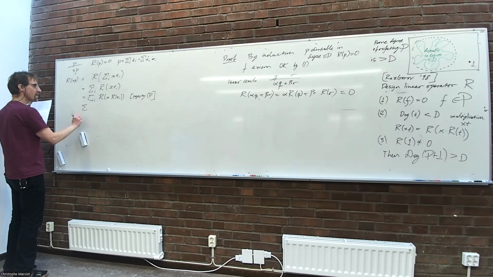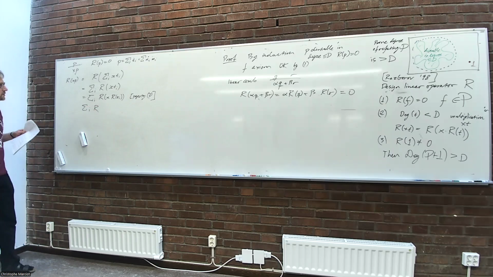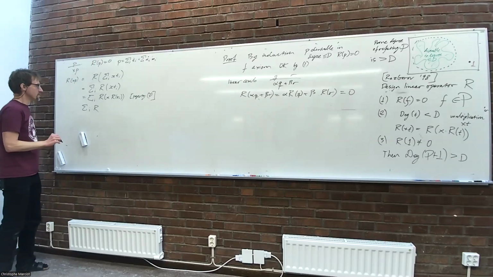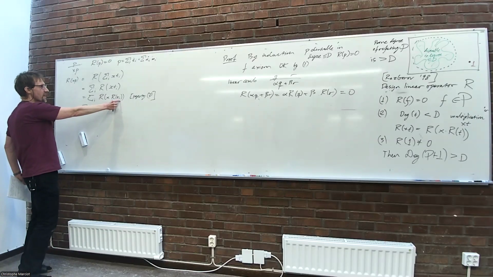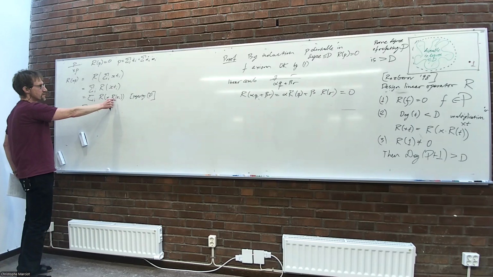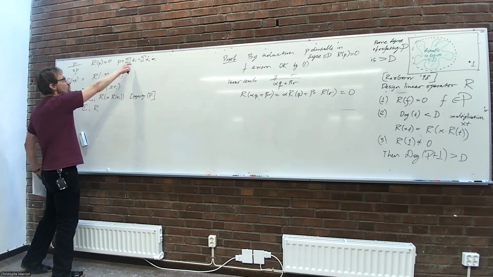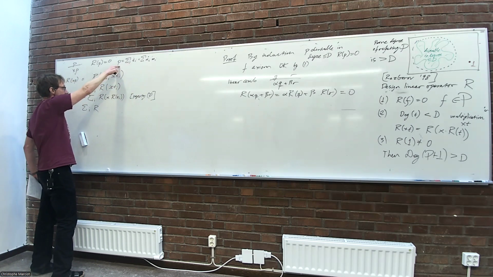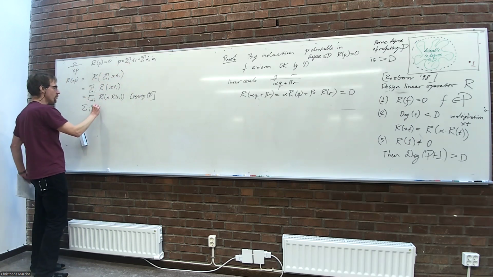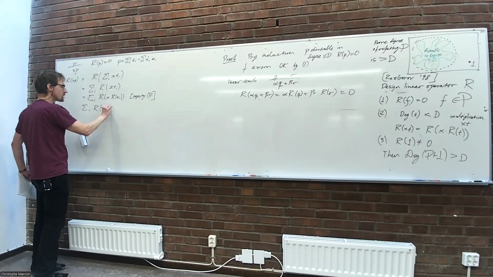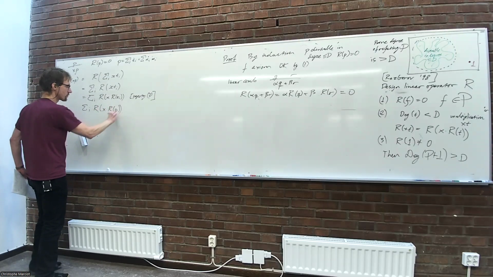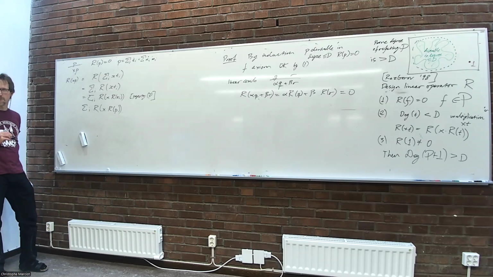Now, by linearity, staring very, very carefully at this, this is R of ti for all the ti's in P. So if I just sum all of them up, I'm actually going to get this. Okay, but now we're home, right?